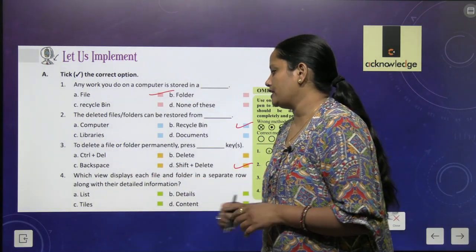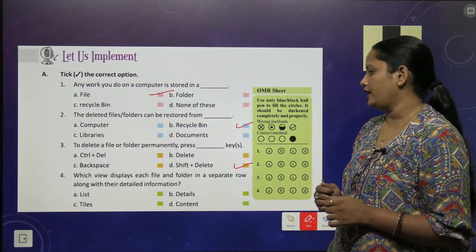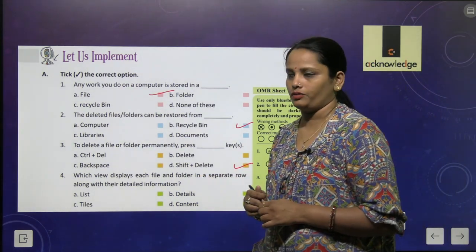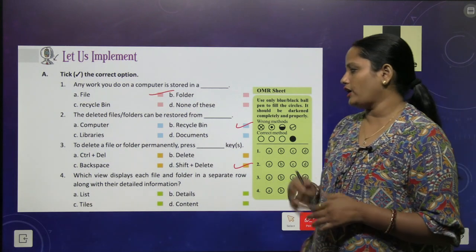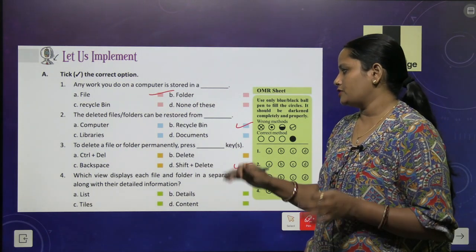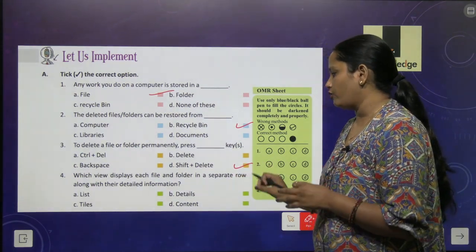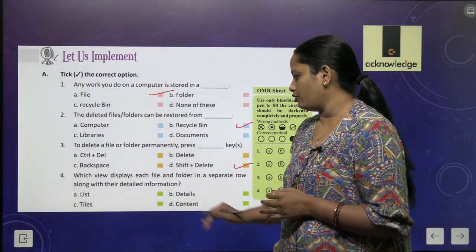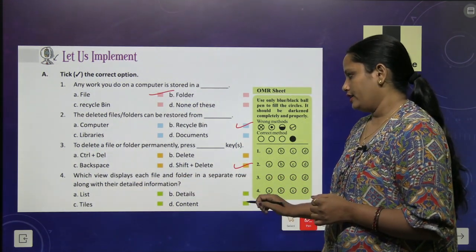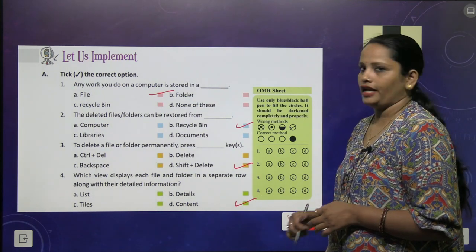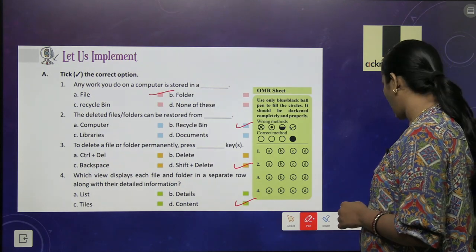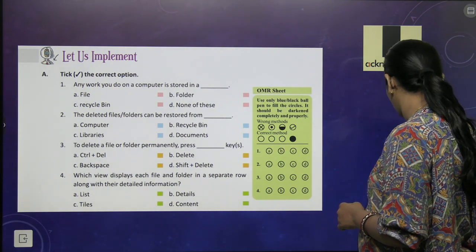Which view displays each file and folder in a separate row along with their detailed information? So which view can we use to display each file and folder in a separate row with their detailed information? What is that view called? Yes, it is called content view. So hope you have understood. Tick the correct one. Now come to the next question.